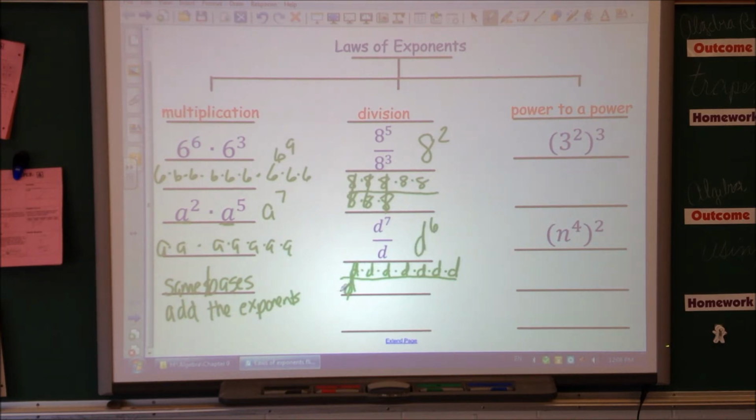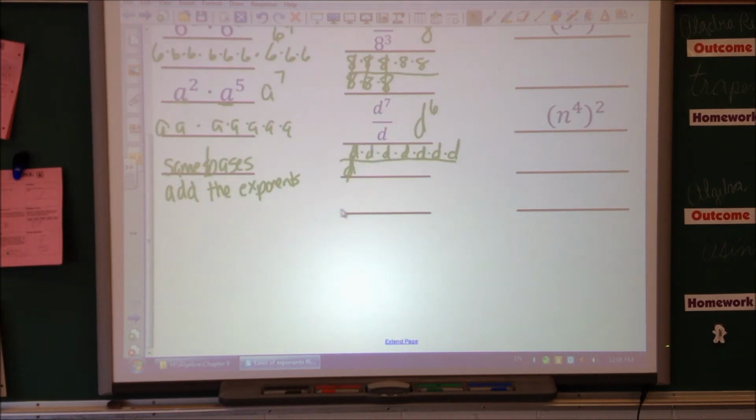So if I'm dividing exponents, and again, notice the bases have to be the same. It wouldn't work if they were different bases. So same bases. Actually, I should use a different color here. Let me use the blue on the bottom.